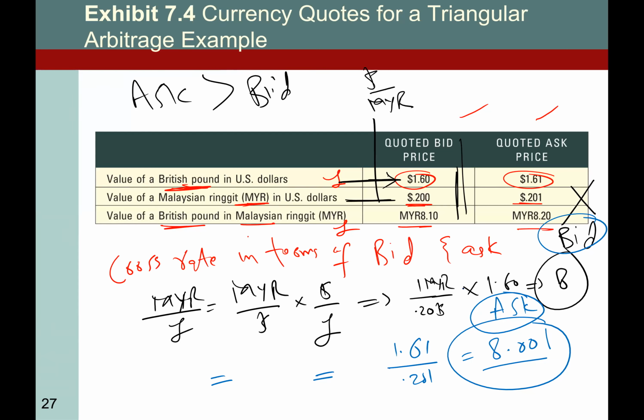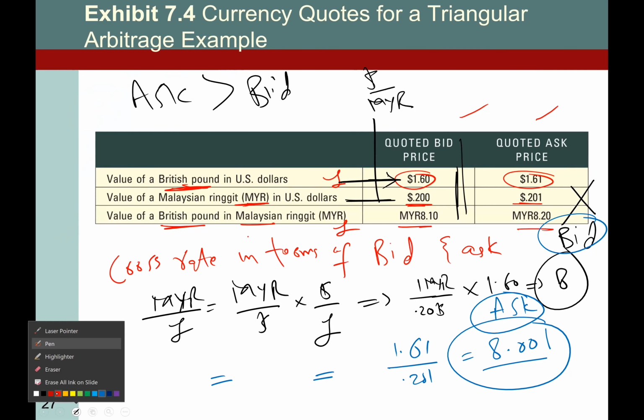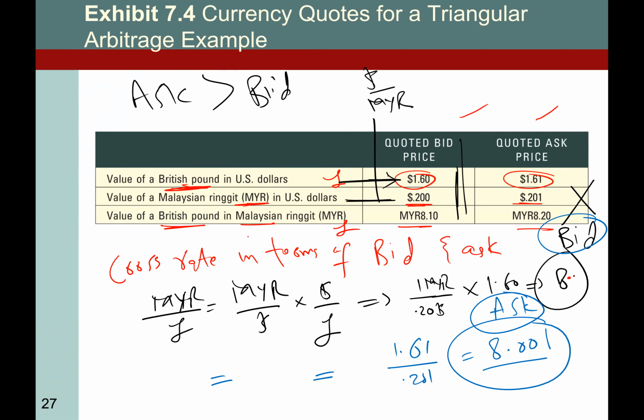Right? So what if this would be opposite? For example, this is 8.3 and this is 8.0. You use both ask rate, but it turned out to be a lower number. Then this will become the bid and this will become the ask. Remember this one. When we are doing cross exchange rate in bid and ask terms, the logic is like that.